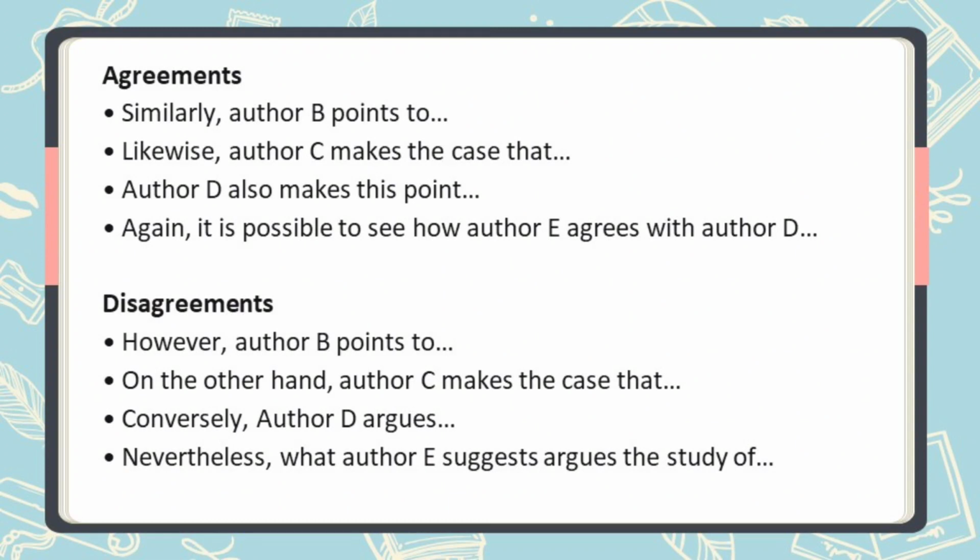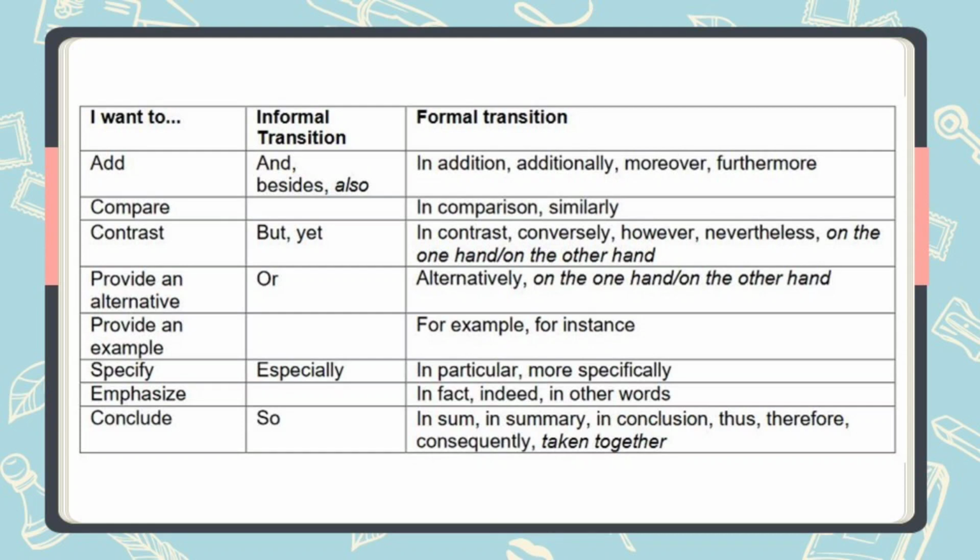Gamitin ang mga agreement prompts na ito to connect literature and studies with the same findings or similar points. Samantala, gamitin naman ang mga disagreement prompts to express an opposing or contradicting point from a source. Maaari din gumamit ng mga formal transition phrases para maging cohesive at smooth ang organization of ideas ng mga citations sa body ng bawat category.